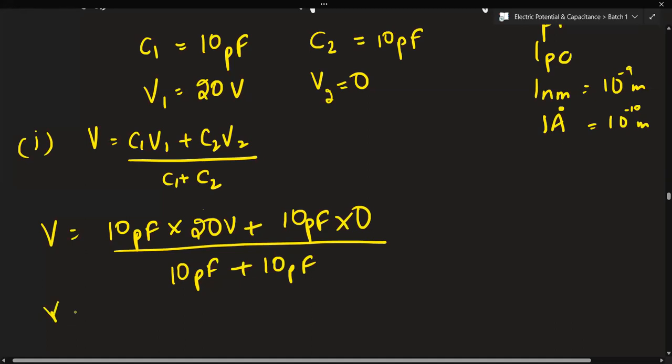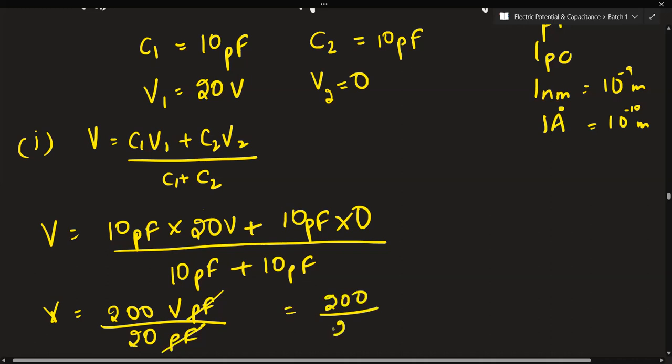See, V is equal to what? 10 picofarad into 20 volt. This gives 200 volt into picofarad. This is 0, divided by 10 picofarad plus 10 picofarad gives 20 picofarad. Picofarad gets cancelled. 200 divided by 20. 0 gets cancelled.